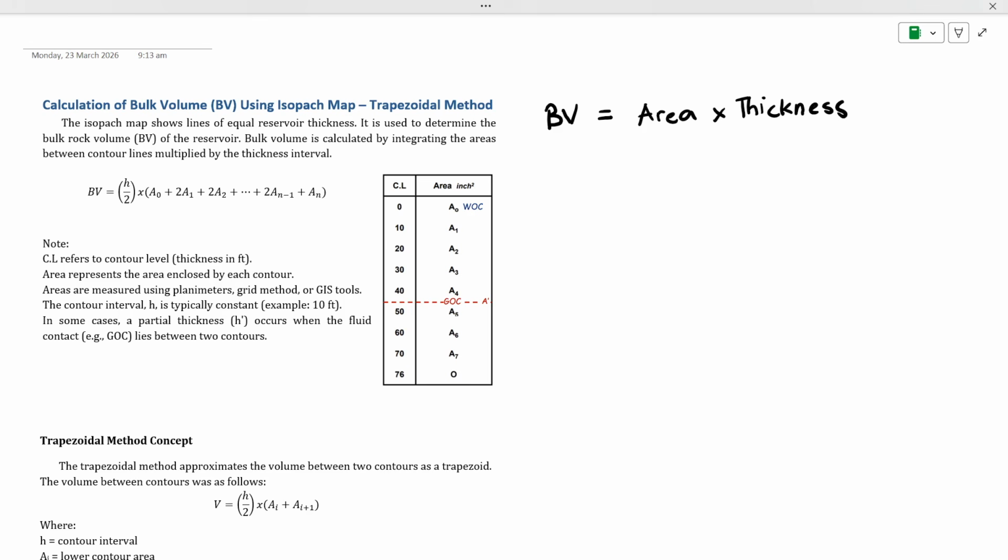Now, if the thickness is defined as the net pay, so if this is the net pay, then multiplying it by the area gives us the net volume, the net reservoir volume.